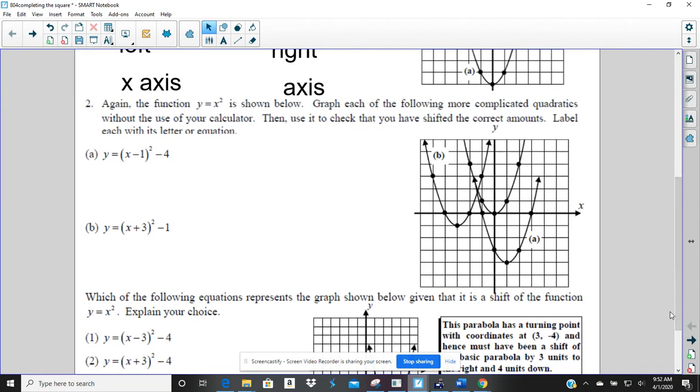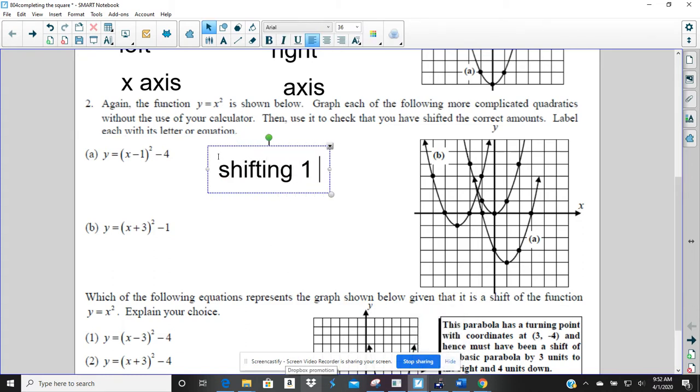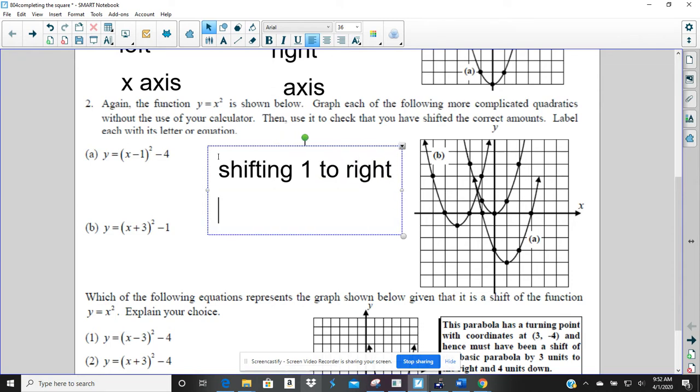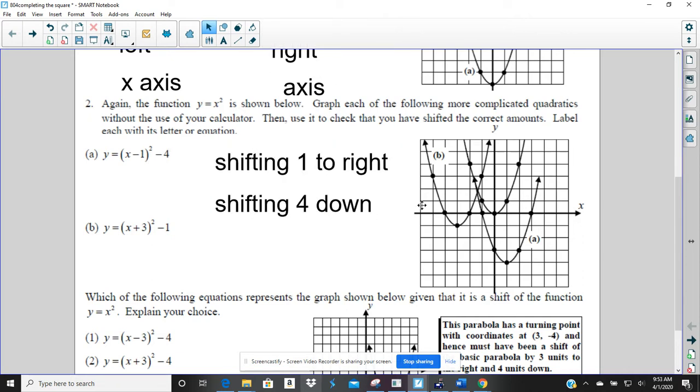So 2, what's happening with 2 is now we're doing both. So look what's happening here with A. We're shifting 1 to the right, sorry, and then we're shifting 4 down. So you see how A went over 1, and then down 4.